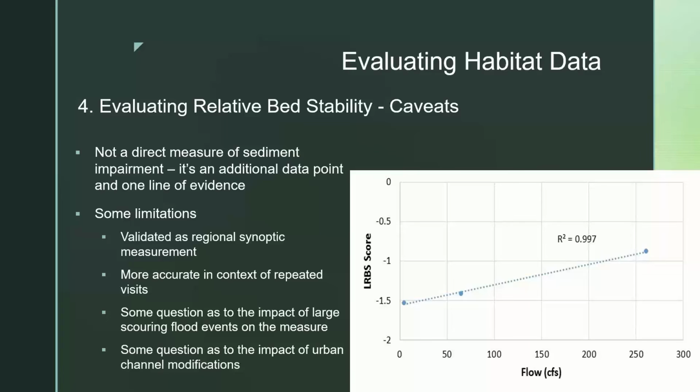Typically these urban streams are in a process of expanding, widening, and deepening, so it's often very difficult to tell what that bankfull height is. It may be steadily and progressively changing over time as well, to adapt to its new hydrology from all of the imperviousness of the area.